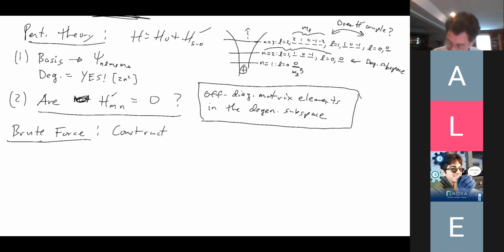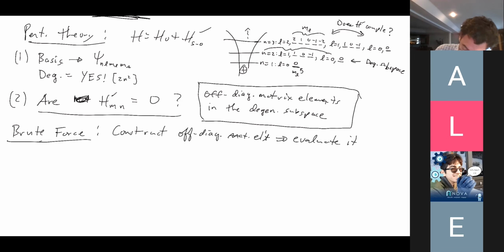You just go through it and do it. That's the brute force way. I like the brute force way. I told you before I like brute force because it's simple to understand, but it's quite tedious. Okay, so let's do it.